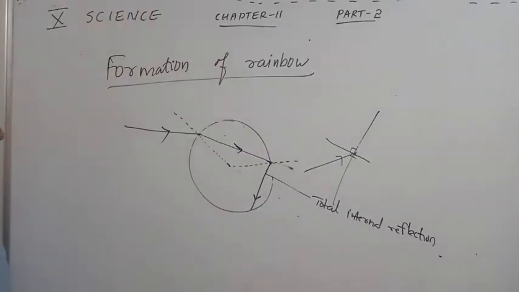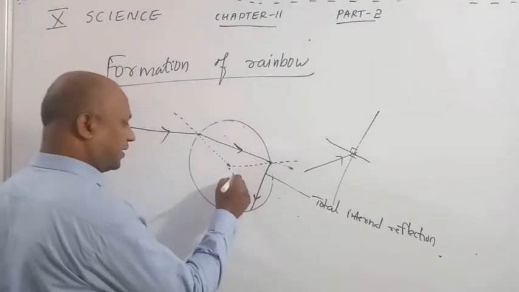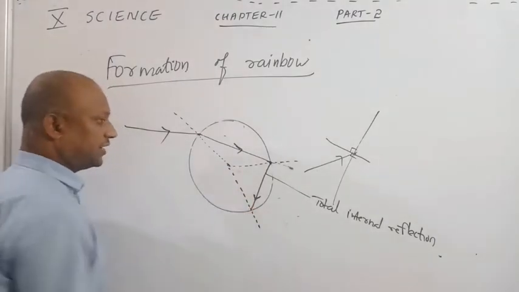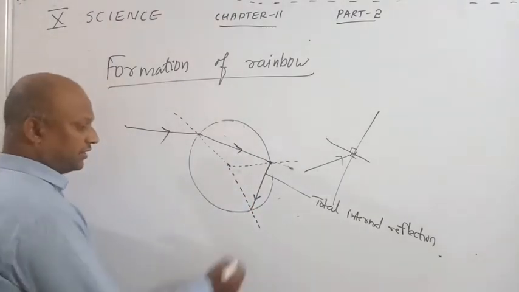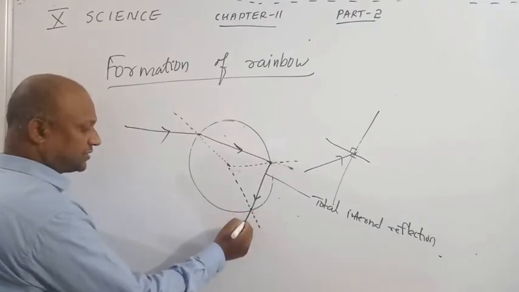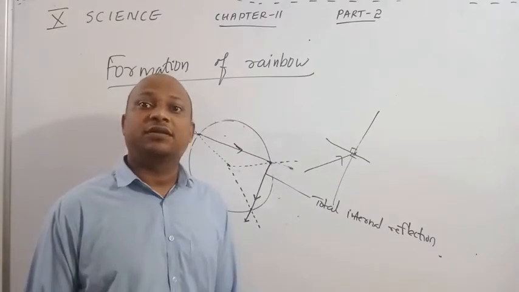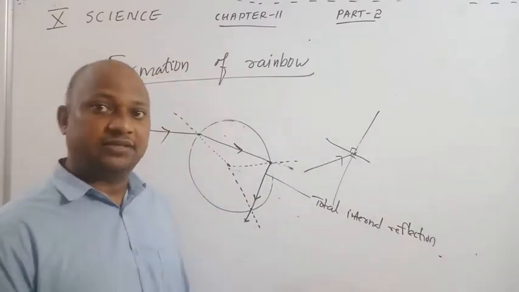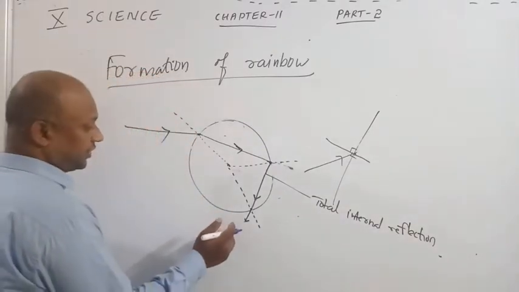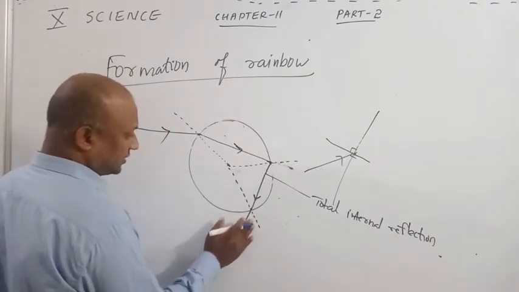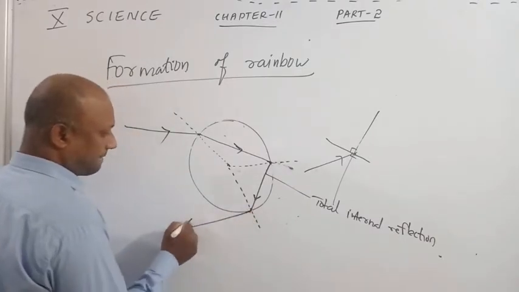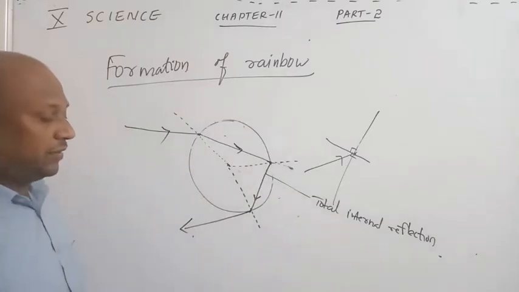And then again we can draw a normal, meaning radius is a normal, and then it must pass outside. Again the same problem is there. What is the problem? The light moves from a denser medium to a rarer medium, so it bends away, like this, away from the normal.